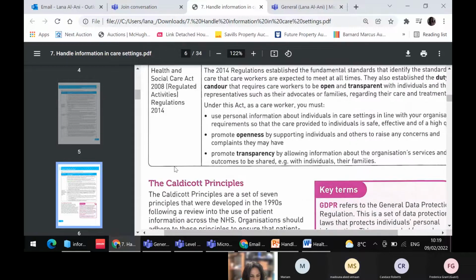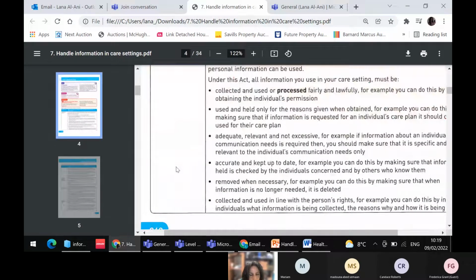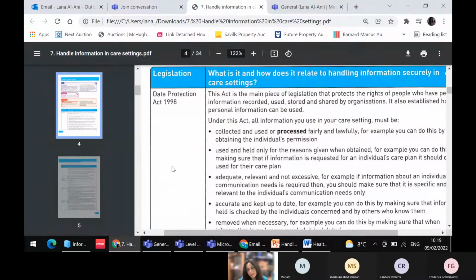You need to put all these legislations as they are, and also describe them a little bit to show that you understand them, because later on you will be working in a care home or in a hospital caring for people. You need to understand these legislations, not just mention them.